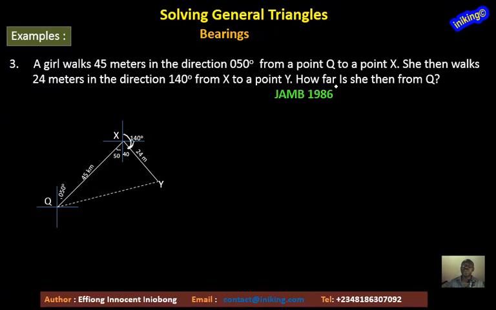The question is asking how far is she then from Q? From a new position, which she traveled 24 meters down here. From this new position, what's the distance from Q? If you look at this, 90 degrees, so we have a right angle triangle. And this side will be our hypotenuse. So I can just call this lowercase x.